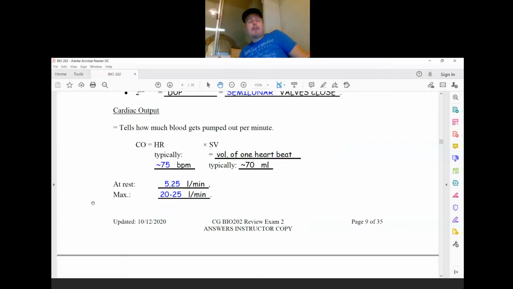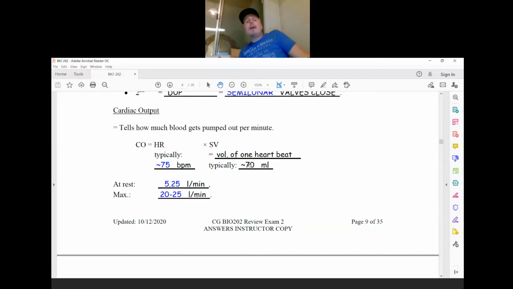In terms of the physiology, we also mentioned that cardiac output tells us how much blood gets pumped out within a certain period of time. In this case, we're looking within a minute. So cardiac output is calculated by multiplying heart rate by stroke volume. Heart rate is typically about 75 beats per minute.